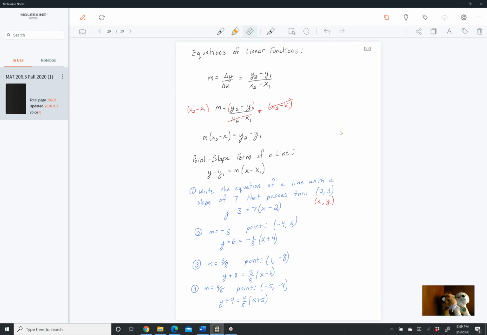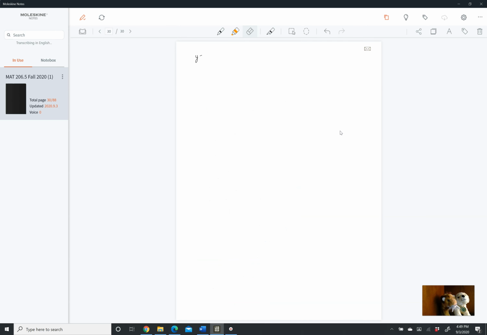So how do we get it? Well, a y-intercept is where our line crosses the y-axis.